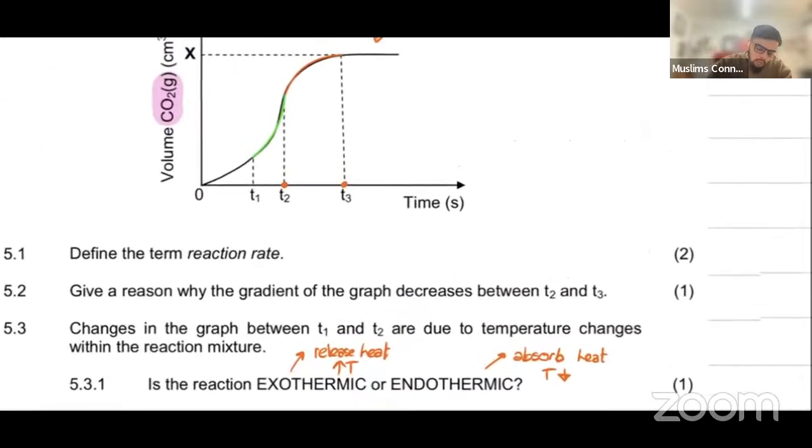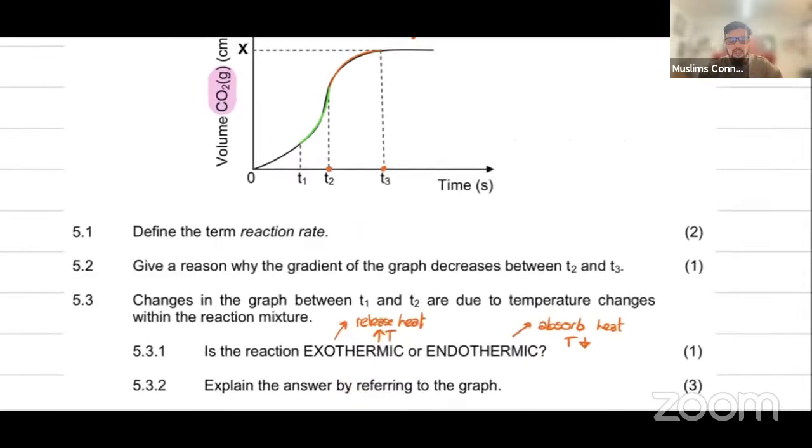So what would result in the gradient being increased? Meaning, what would result in the rate of reaction increasing, because the gradient increasing means the rate of reaction has increased. So which one of the following reactions would result in an increase in rate of reaction?